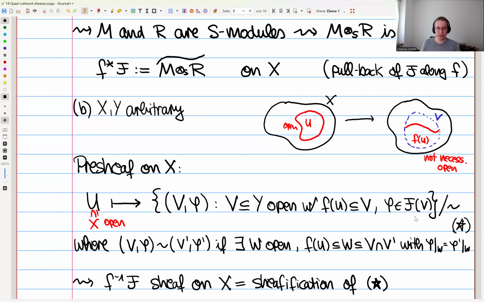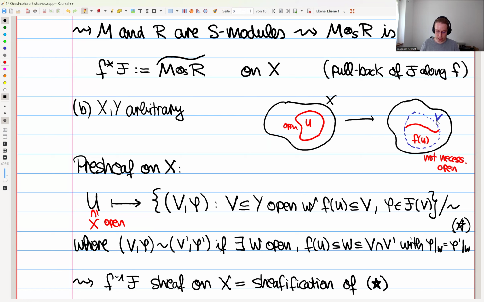And then we divide out by one of these equivalence relations. So somehow if you have two such things, so this would be a V prime, some other set, then we say that these are equivalent if you find an even smaller set W containing f of U, so it must contain this red part, and sitting inside this intersection, such that if you restrict the two sections on the two different blue sets to the smaller set W, then they are the same.